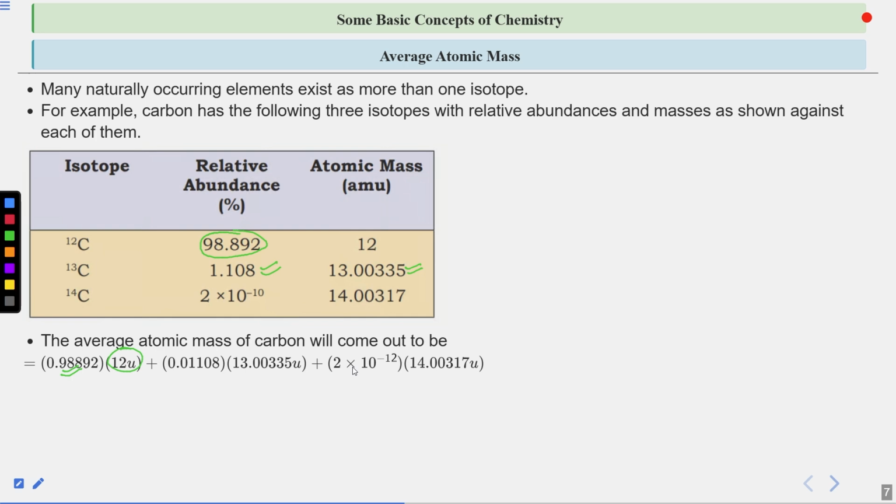And lastly, the same thing with carbon 14, which is 2 into 10 to the power minus 12 multiplied by 14.00317 unified mass. This calculation will give you your average atomic mass.